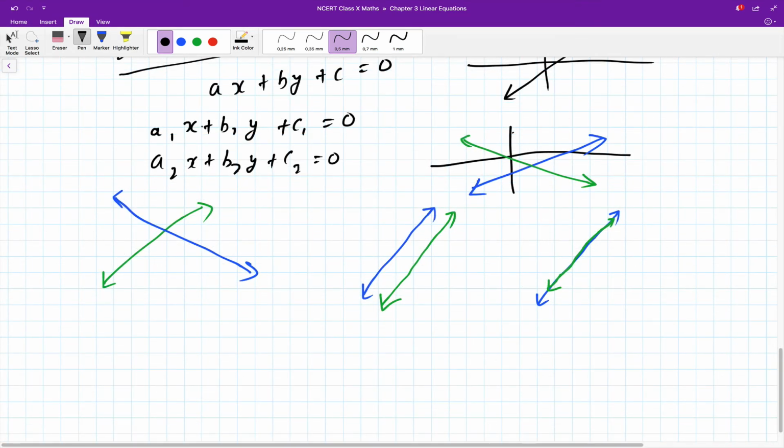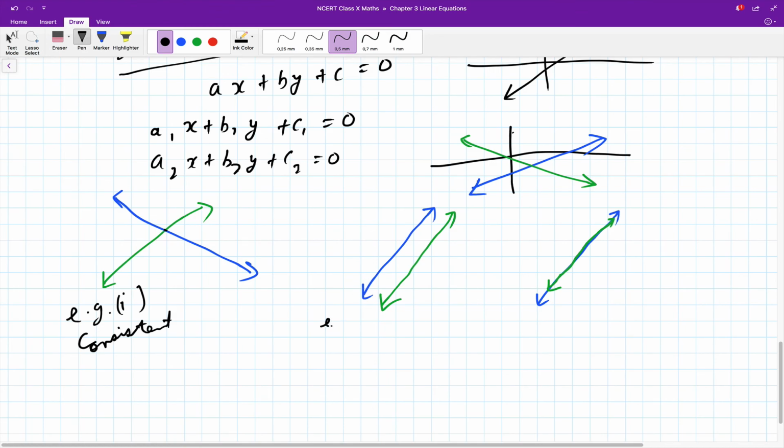Okay, so in case of a pair of linear equations, the three different situations that we could have: first, what we saw in example number 1, we could have a pair of straight lines intersecting at one common point. In this case, we have one unique solution, and this was called a consistent pair of linear equations.